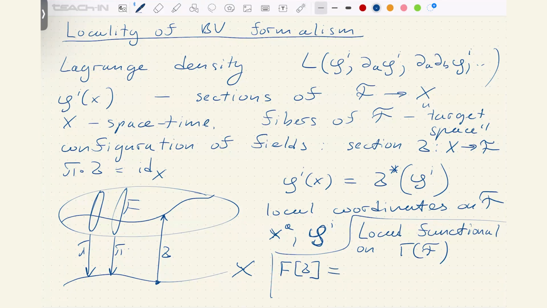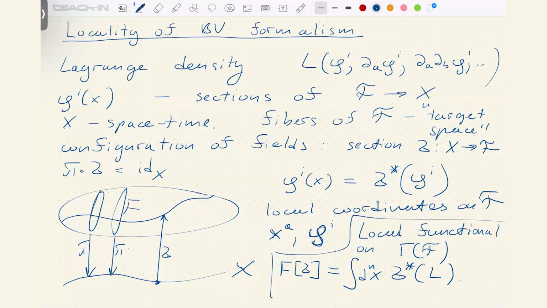A local functional is a functional which can be represented like this. It's an integral over X. So let's say d^n x, and suppose we fix the volume form, of a pullback of a certain L, where L is a function like this.